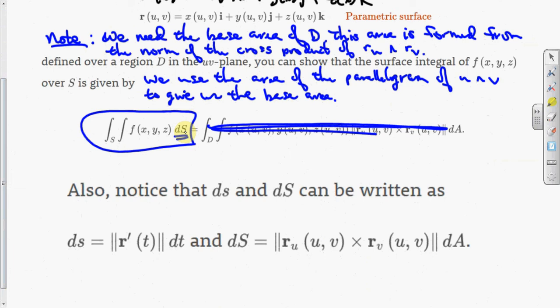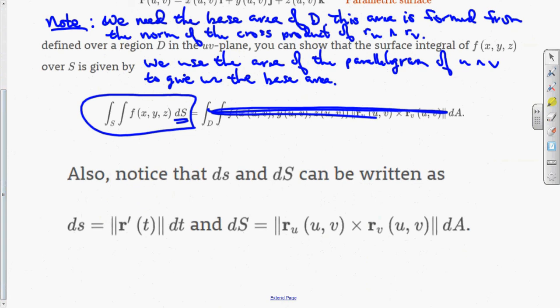Now look, check this out. See, I told you that capital DS is the norm of the gradient of G times dA. Just got you doing that norm of that gradient of G. Well, look, this norm acts in the same accord with the parametric space. They act the same. So I need to still calculate some magnitude. So here the magnitude now based on the parametric surface becomes the norm of this cross product.